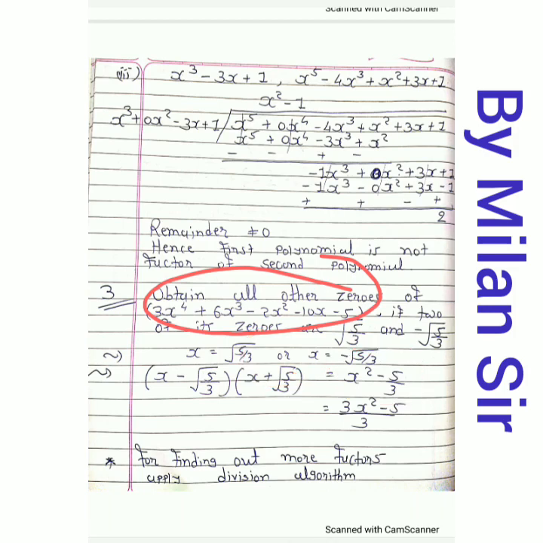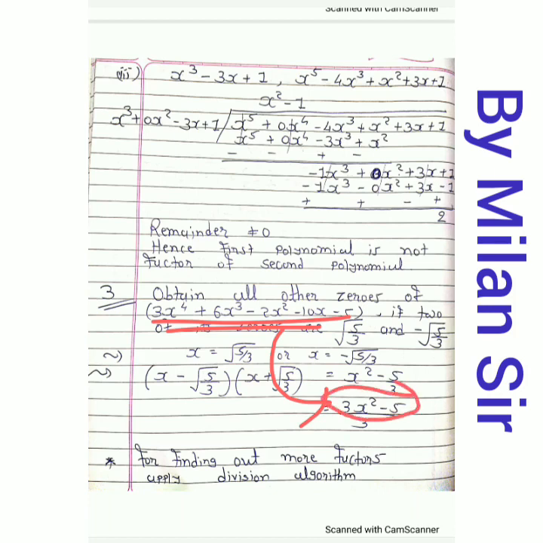Before that we take the LCM here. So 3x square minus 5 by 3, right? 3 multiplied by x square, 3x square minus 5 by 3. Now we need to divide this polynomial by 3x square minus 5 by 3. But right now I am doing division by only 3x square minus 5.